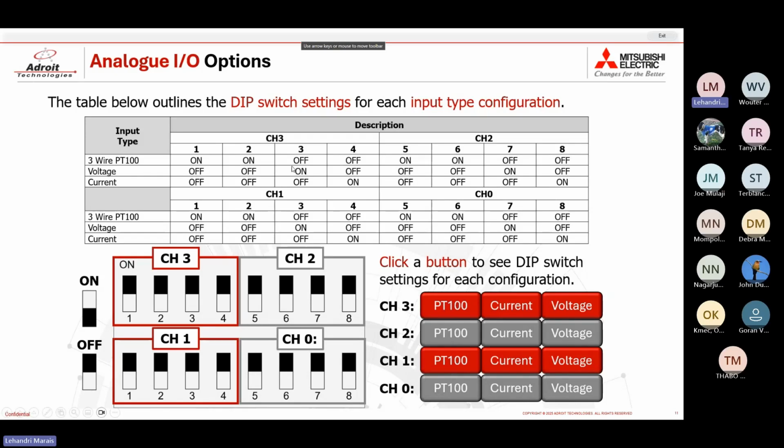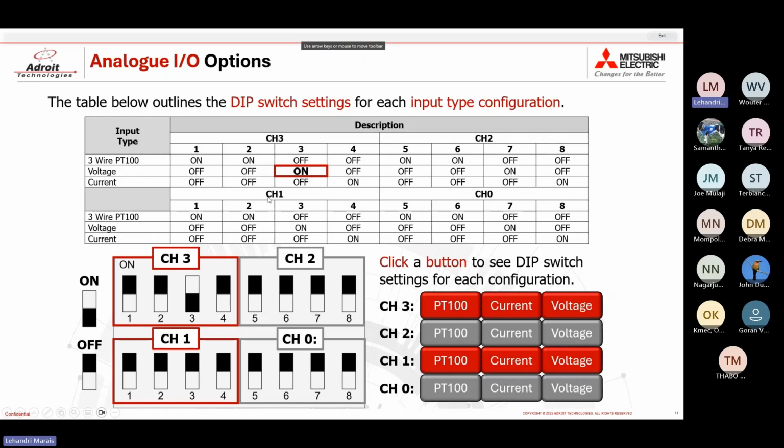So when you look at the table above, when let's say channel 3, you want to configure this channel for voltage input, you need to turn on dip switch 3 of the top row. So if I show you there, we need that one on, which it now is. And this is how you would configure your different switches.